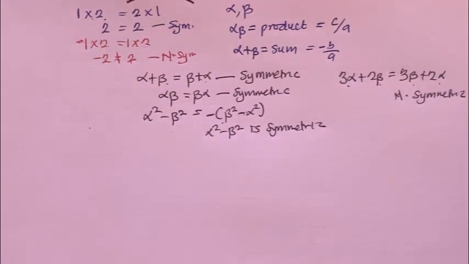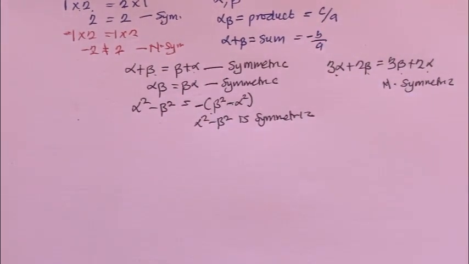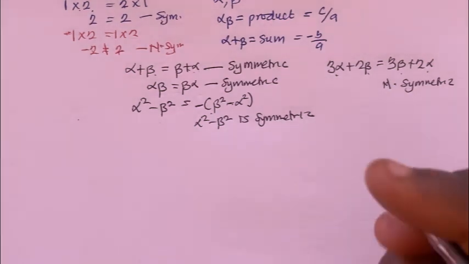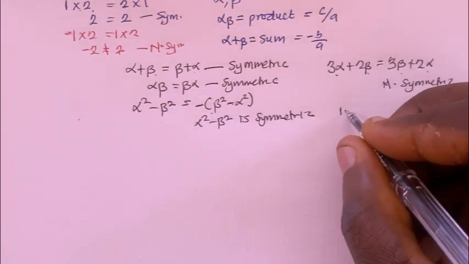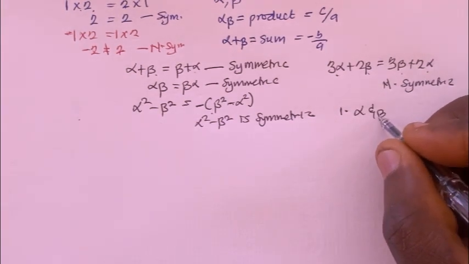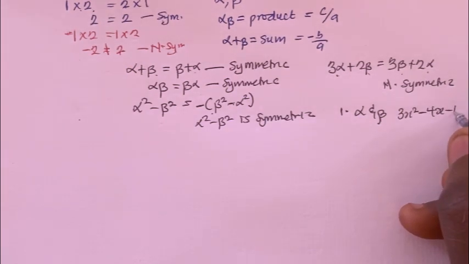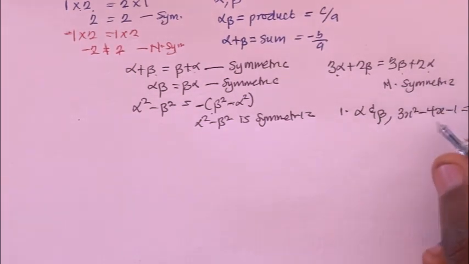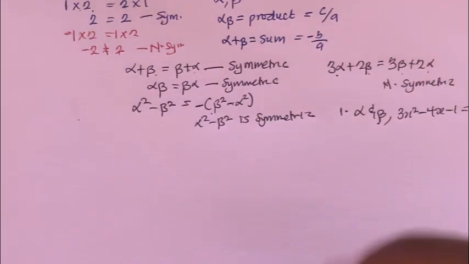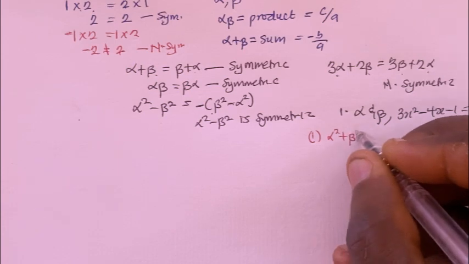So now let's just move to some questions. Let's say we are asked to find the value of the following. If alpha and beta are the roots of this equation, 3x squared minus 4x minus 1 equals 0, and we are asked to find alpha squared plus beta squared, that's the first one.